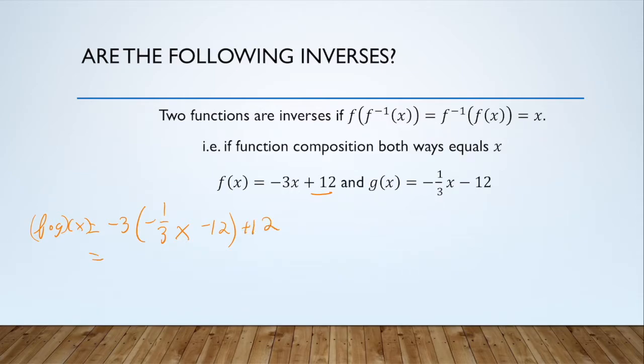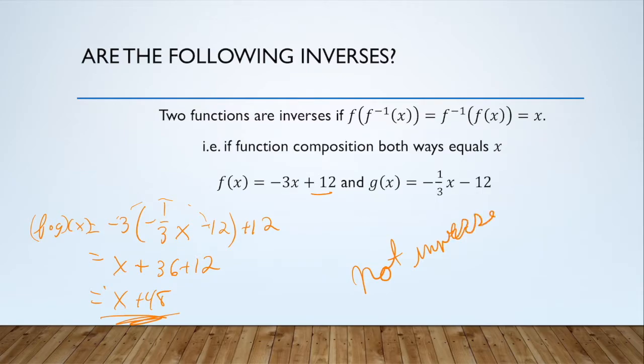That gives me a positive x minus 36 plus 12. Okay, that gives me positive 36, because two negatives make a positive. That gives me x plus 48. That does not equal x, so these are not going to be inverses. And I don't need to check g composed with f, because I already know they aren't inverses.